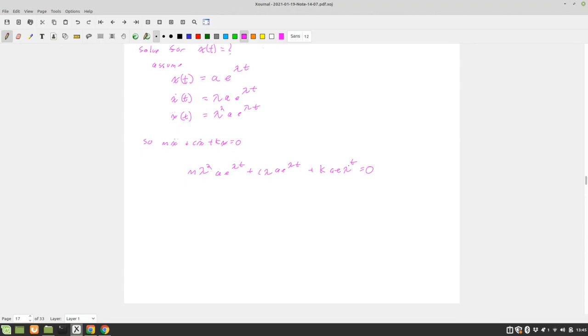And then λ e to the t? No, of course not. K e^(λt). Right, so let's go and divide that out. We get our characteristic equation: mλ² + cλ + k = 0.